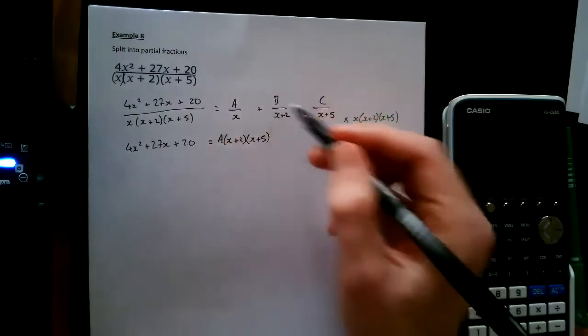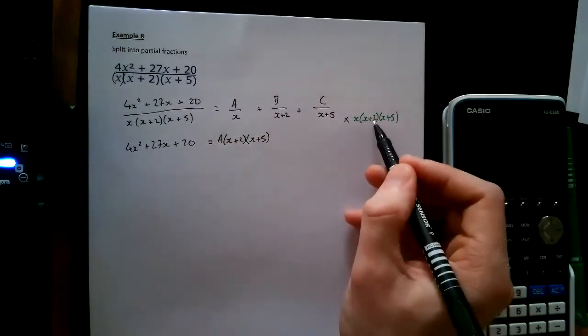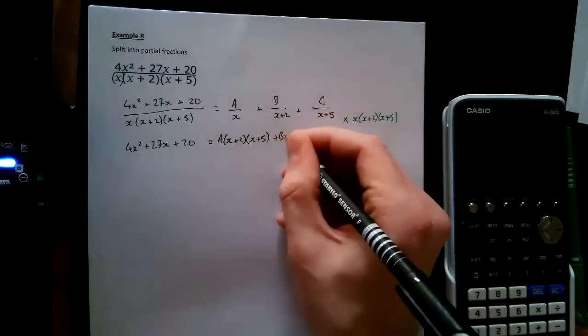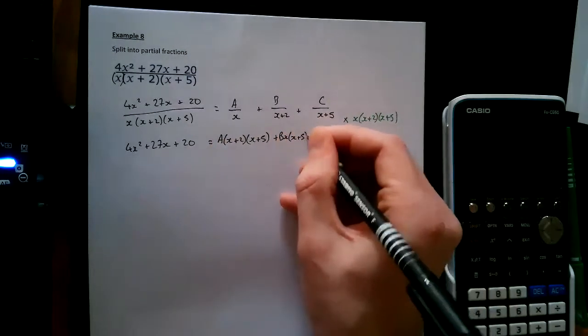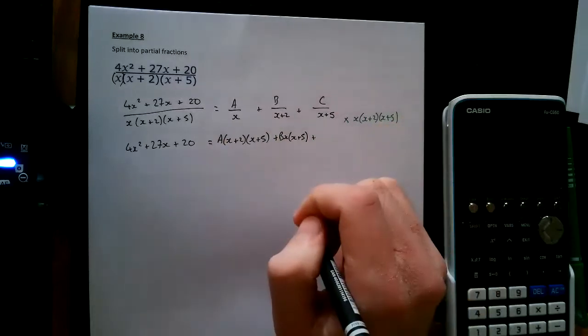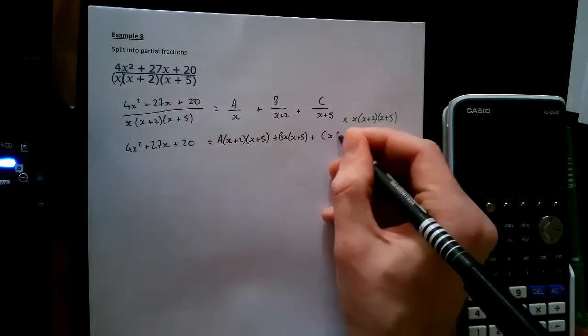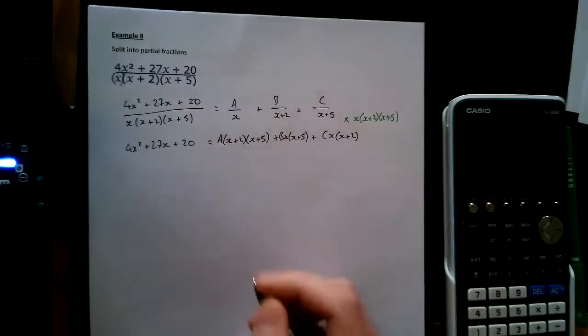This fraction, when I times this by here, the x plus 2 is going to cancel out the x plus 2, so I just get left with b times x and x plus 5. And this fraction, when I times this by this, the x plus 5 is going to cancel out the x plus 5, so I get c times x, x plus 2.